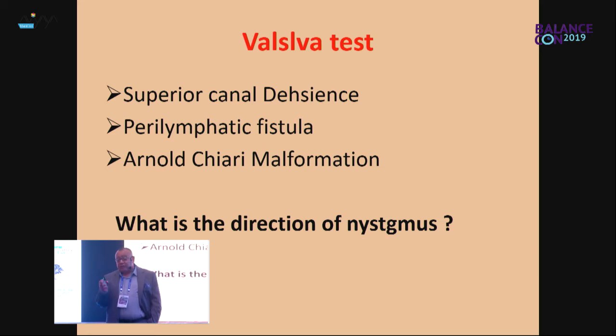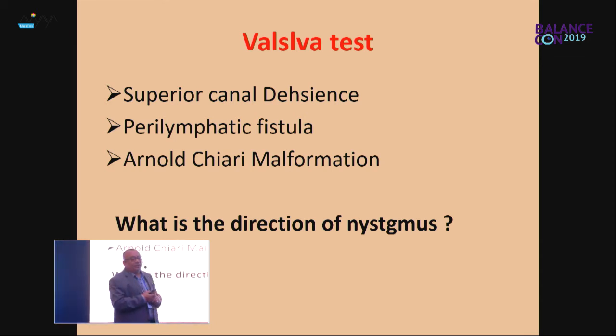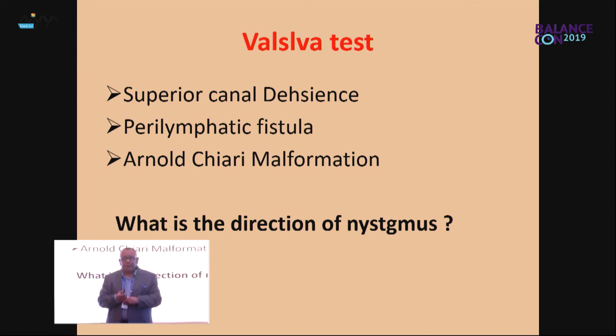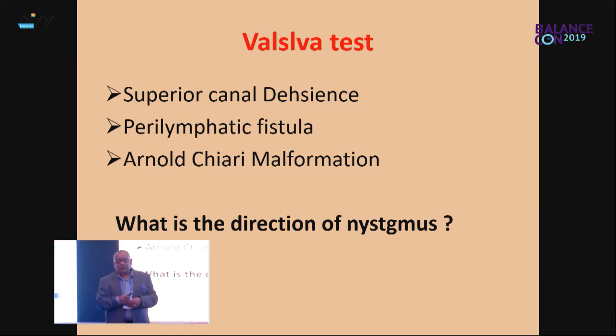Yes, it will be down beating with the Valsalva with closed nostril, and it can reverse if you do Valsalva with closed glottis. So in Arnold-Chiari malformation, what would be the direction of nystagmus? Down beating, always, and it doesn't change. So always down beating nystagmus in Arnold-Chiari malformation.